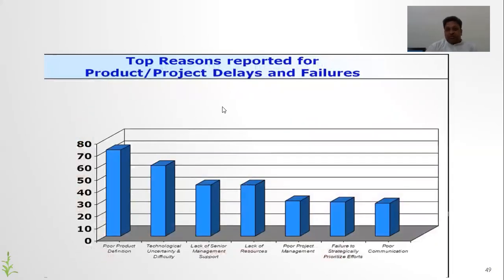So, top reasons reported for product or project delays and failures. We'll discuss this even in project management also. These are very key issues which everyone forgets. These are the scaling you can refer to.